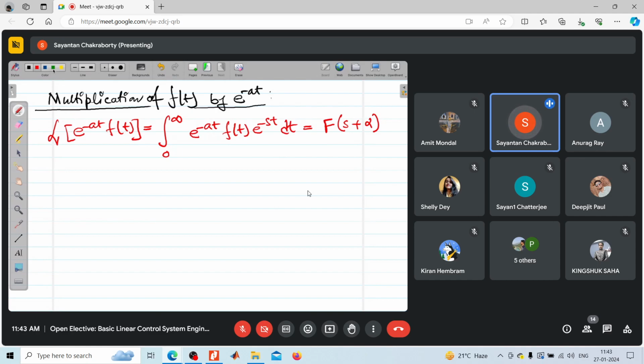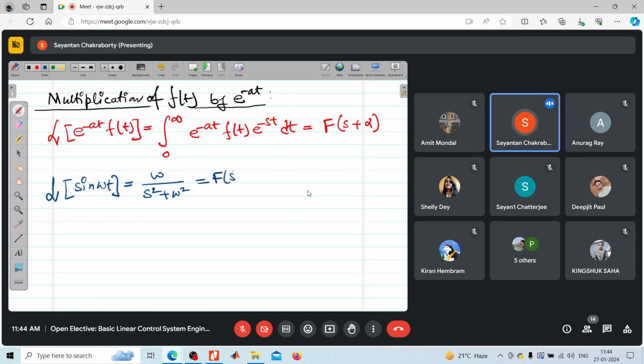And a common example: we know that the Laplace transform of sine omega t, already defined, is omega by s squared plus omega squared.